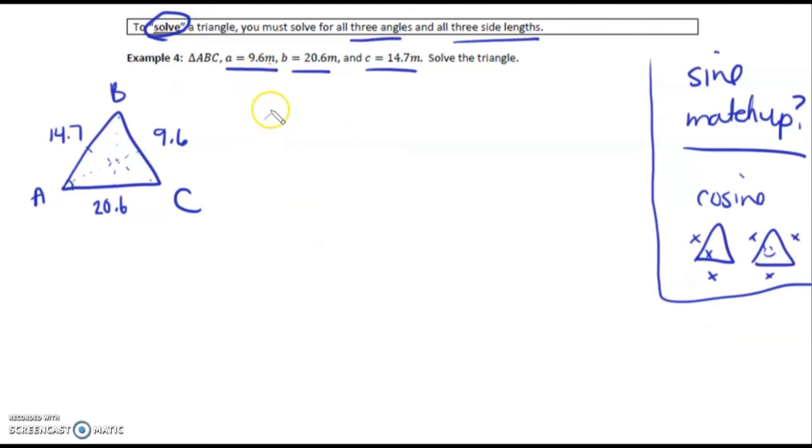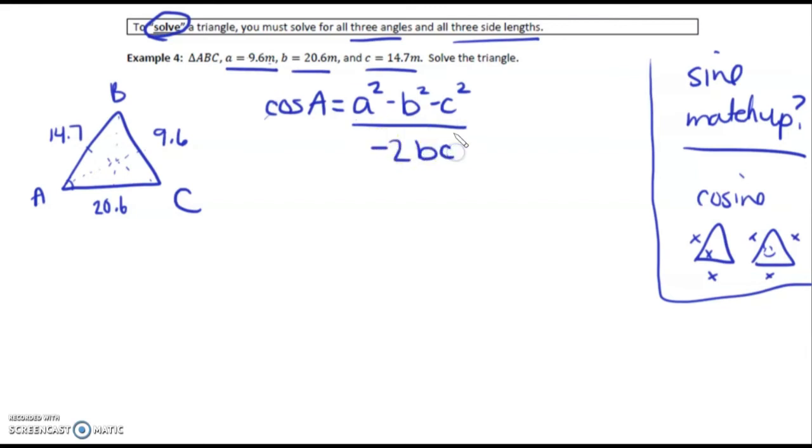Angle A first. So our equation is going to be cos A equals, and specifically, we have to have this a in the front: a squared minus b squared minus c squared all over negative 2bc. Okay, so what we're going to do is bring down the cos A, because the A is what we're solving for.